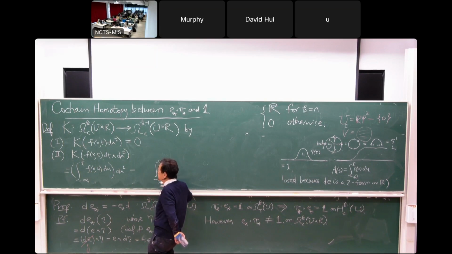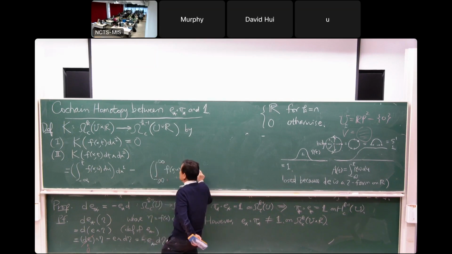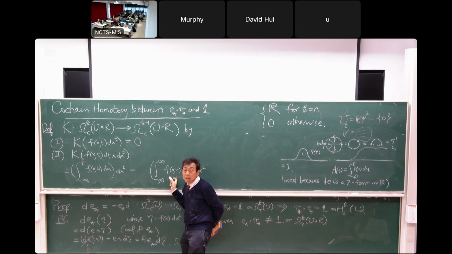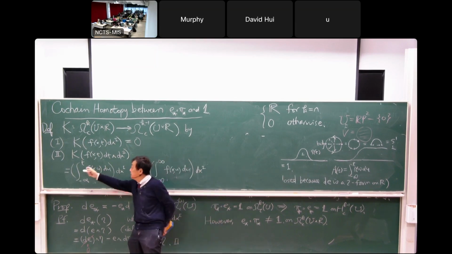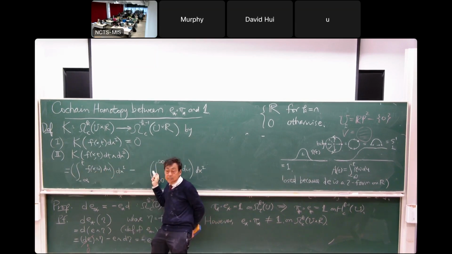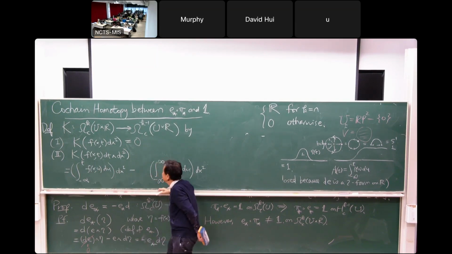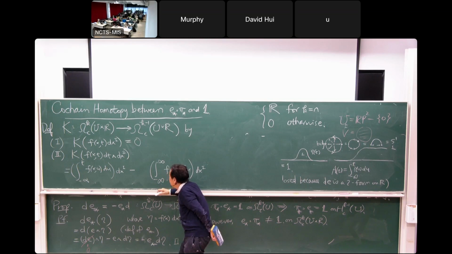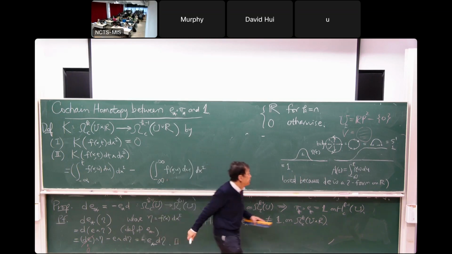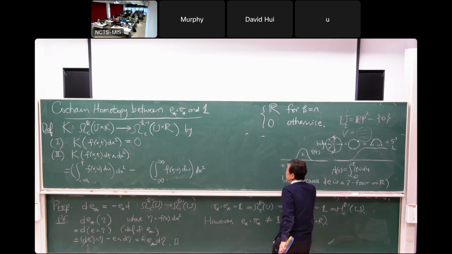the integral from minus infinity to infinity. Okay? Then at infinity, you'll get 0. But the problem with this formula is that now, let me see.